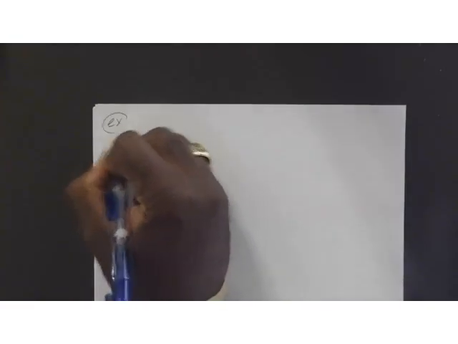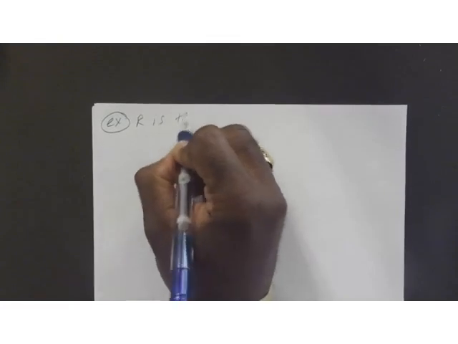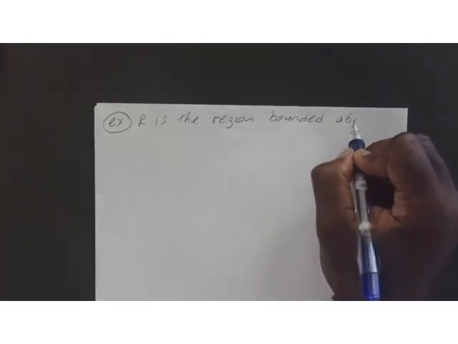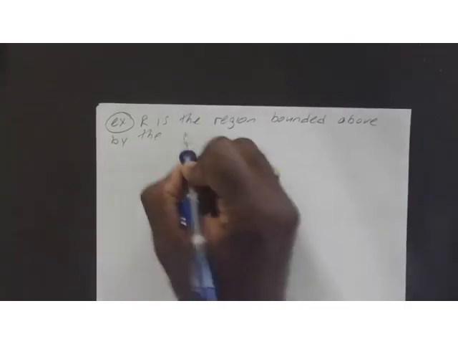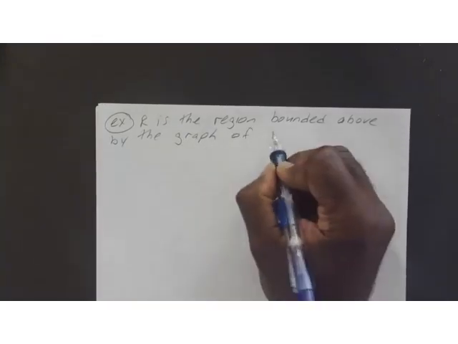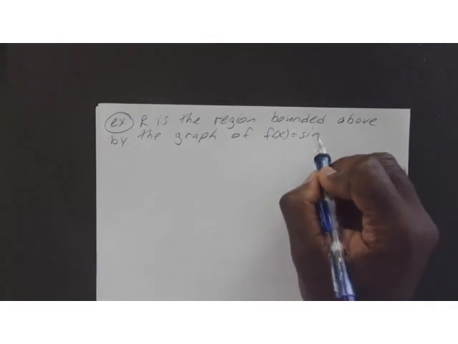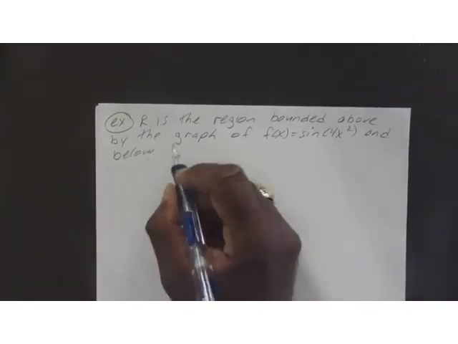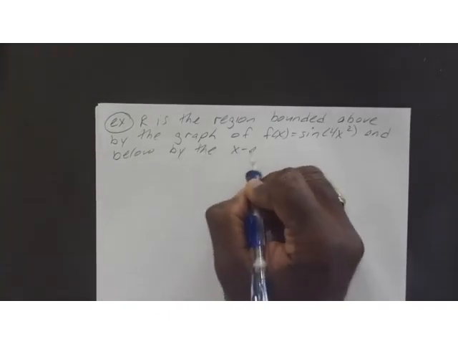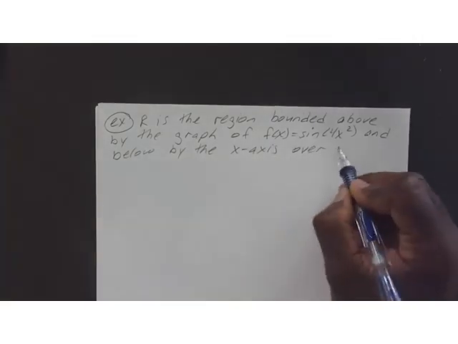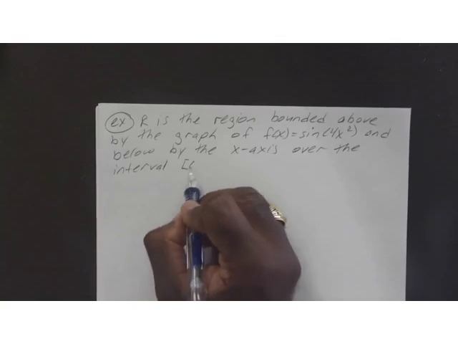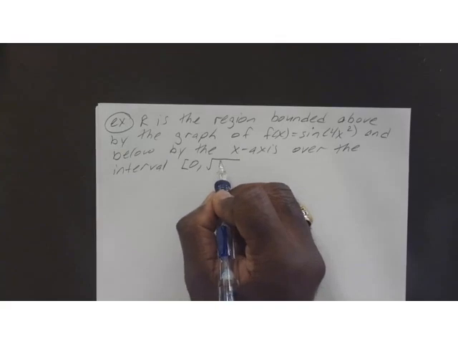So let's say, for example, R is the region bounded above by the graph of f of x equals sine of 4x squared, and below by the x-axis, over the interval from x equals 0 to x equals the square root of 3 pi over 2.